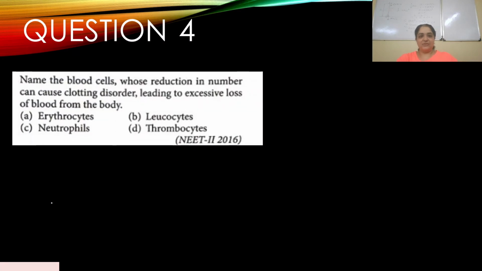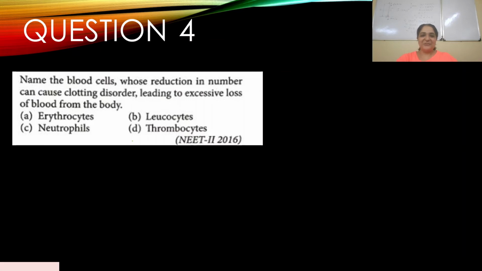Question number 4. Alright. Name the blood cells whose reduction in number can cause clotting disorder, leading to excessive loss of blood from the body. Okay, so we have our options A, B, C and D. Again, pause the video and think about what the answer should be and then come back.